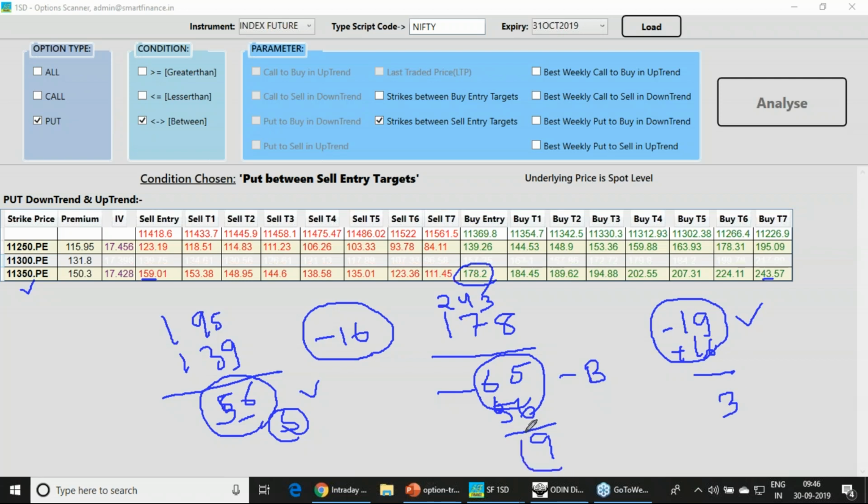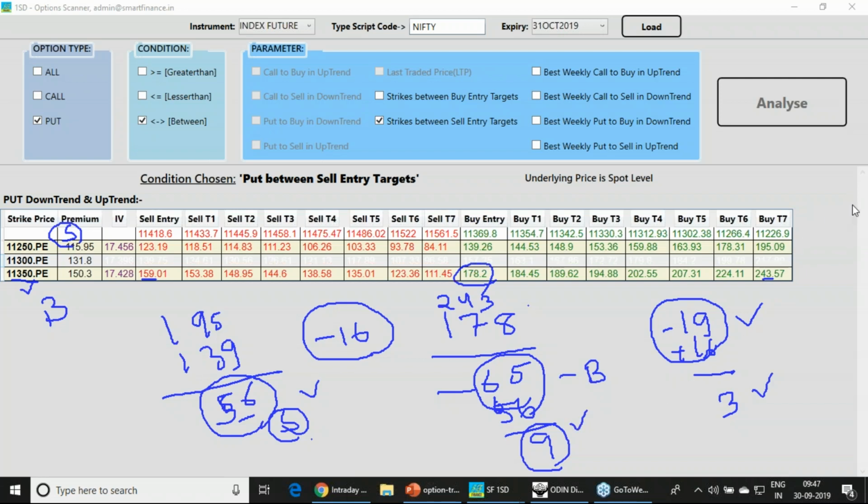So if I form this strategy by buying the 11,350 put option and selling the 11,250 put option, both being put options taken when this downtrend breakout is given, I am reducing my liability, which was 19 rupees in the single-sided trades against 65, down to 3 rupees with a great risk-reward.